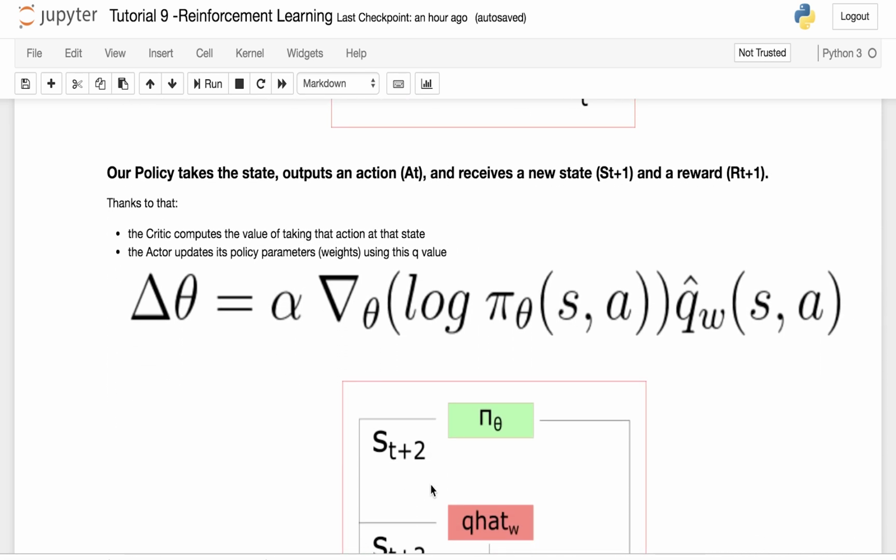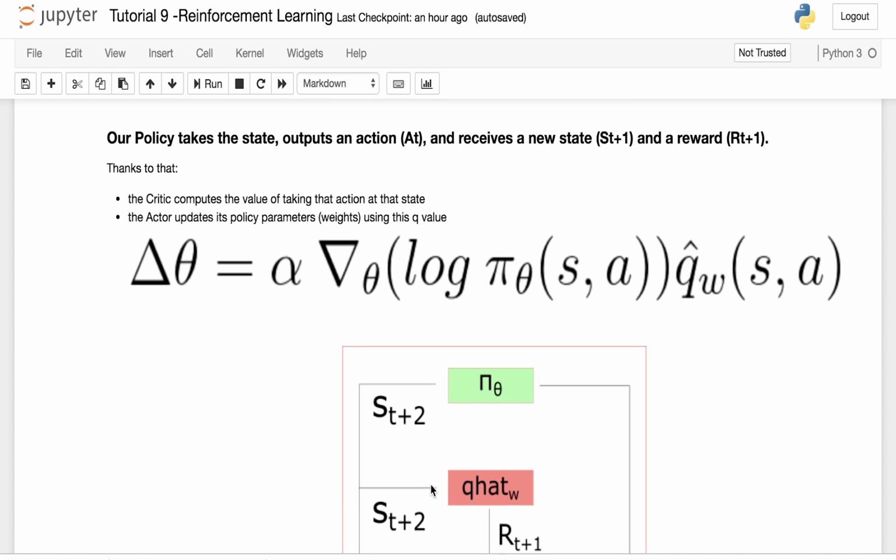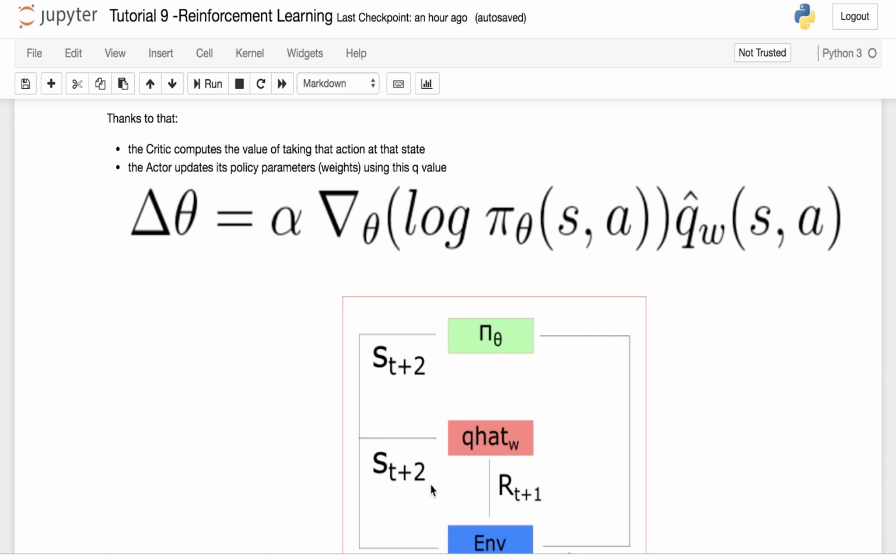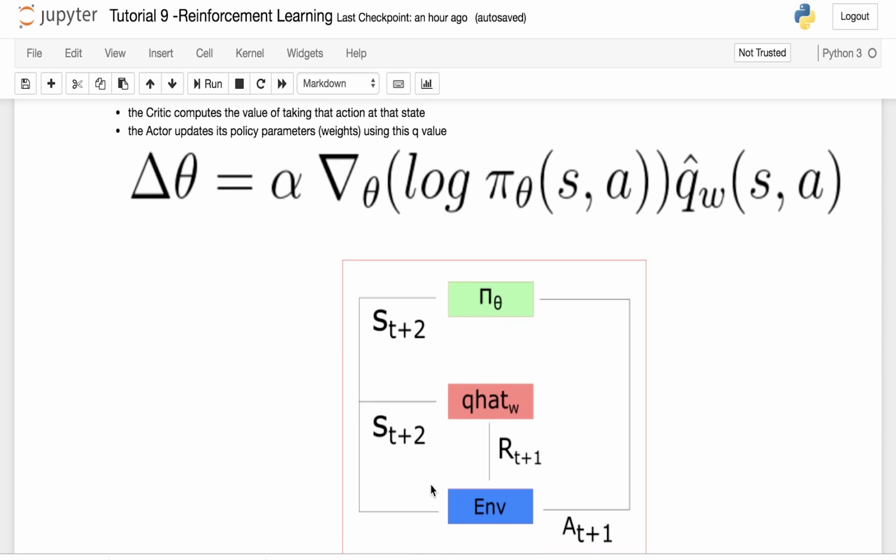Our policy takes the state and outputs an action a with theta, and receives a new state s t plus one and the next reward r t plus one. Thanks to that, the critic computes the value of taking the action at the given state, and the actor updates its policy parameters using this Q value.